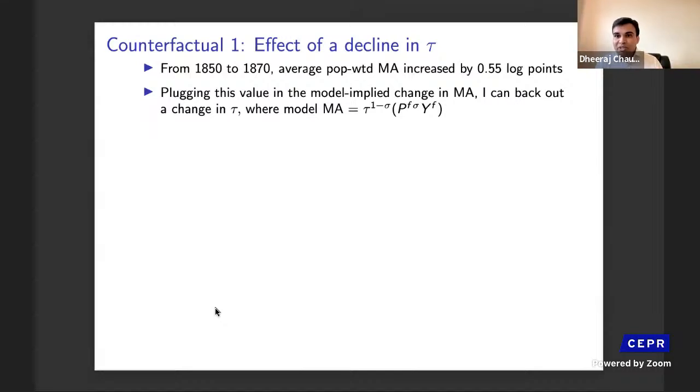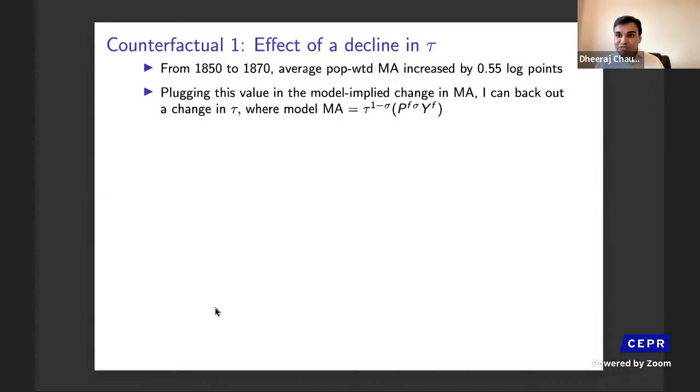So the first counterfactual is simply what happens when you feed in the empirically observed decline in trade costs. Since my empirical analysis is with N regions, to calibrate this one region small open economy with this N region market access, I calculate a population weighted average market access for the national economy.